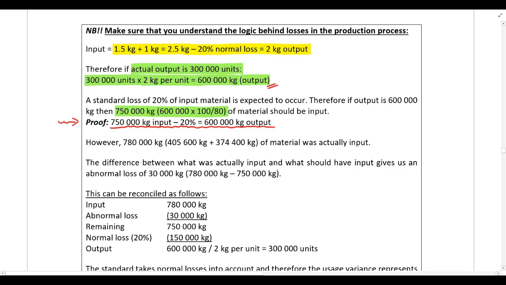Okay, so all this tells us is if they actually made 300,000 units, they should have put 750,000 kilograms of raw material into the production process. That would have allowed them to make 300,000 units. However, they didn't actually input 750,000 kilograms into the production process.